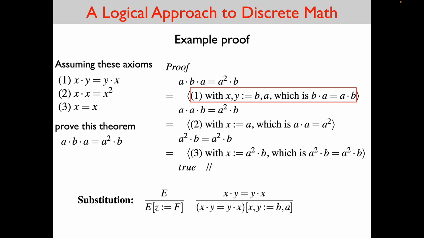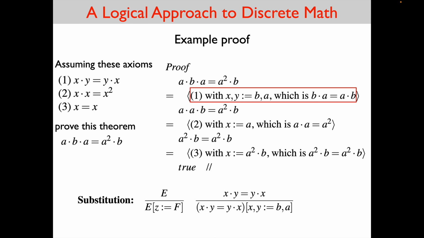Substitution is: if e is true, then e with 0 replaced by f is true. So what we're saying here is that if x times y equals y times x is true, then x times y equals y times x is true for x comma y replaced by b comma a. We use substitution to transform an axiom with different variable names to look like the expression that we want to manipulate. That is how the inference rule substitution is used. All right, so that's substitution.